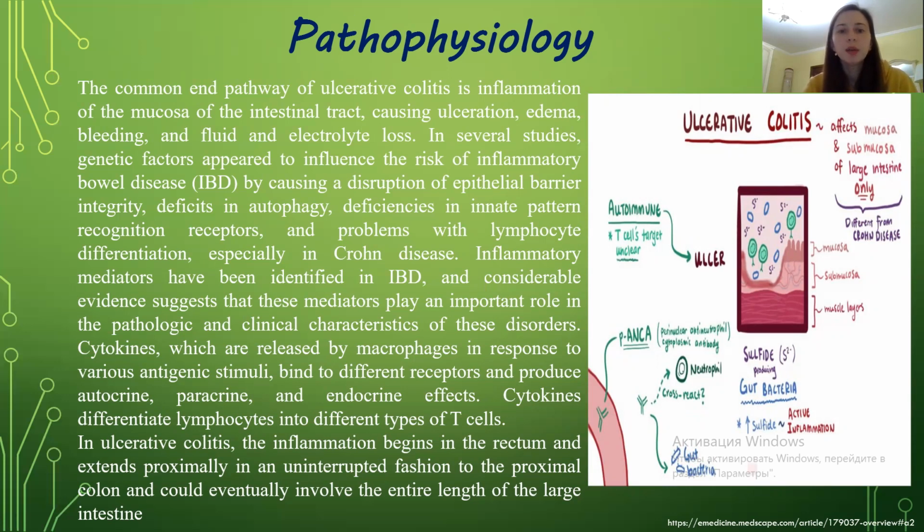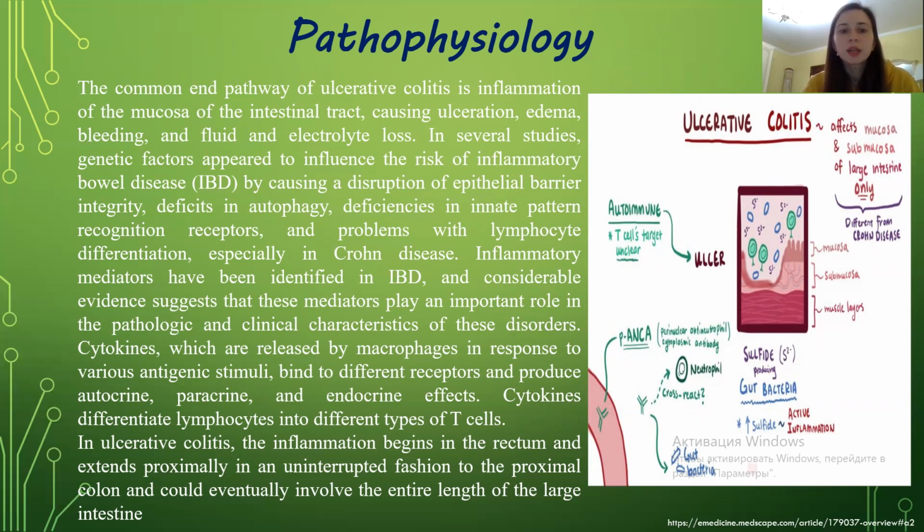Inflammatory mediators have been identified in inflammatory bowel disease, and considerable evidence suggests that these mediators play an important role in the pathologic and clinical characteristics of these disorders. Cytokines, which are released by macrophages in response to various antigenic stimuli, bind to different receptors and produce autocrine, paracrine, and endocrine effects.